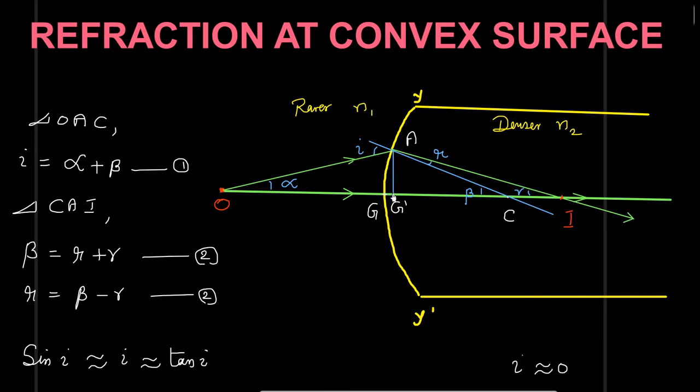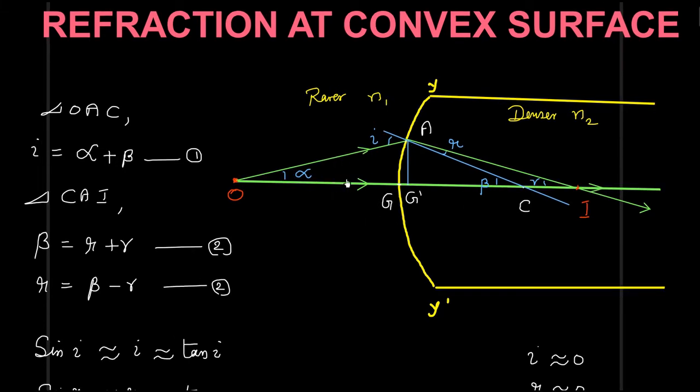Since we take the aperture on the surface to be small compared to other distances involved, so that small angle approximation can be made, G and G' are the same, or the distance between G and G' is negligible. Angle AOG is alpha, ACG is beta, AIG is gamma.